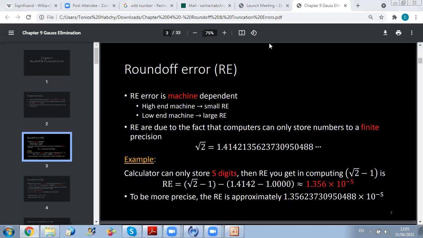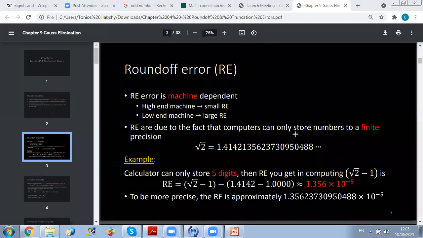For example, if your computer can only store 5 digits, then radical 2 for the computer will just be seen as 1.4142, and it will stop here. It cannot read the remaining part.